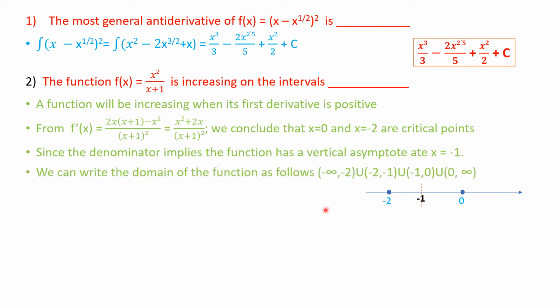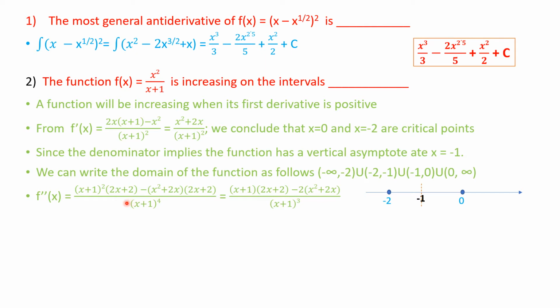So we can write the domain of the function as: negative infinity to negative 2, union negative 2 to negative 1, union negative 1 to 0, and then the last segment is 0 to infinity.